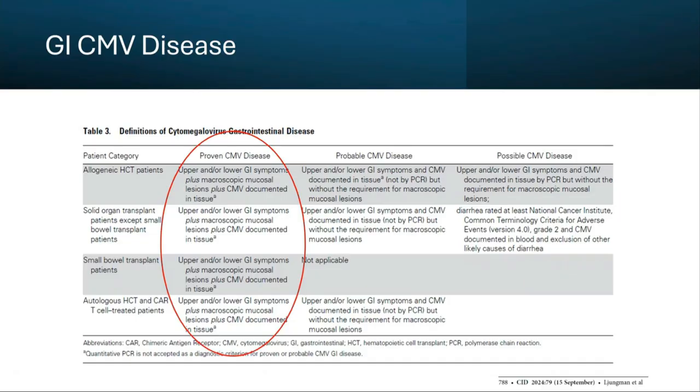And this is just a table with definitions of CMV gastrointestinal disease. For proven CMV disease, you have to have evidence of GI symptoms, plus macroscopic mucosal lesions, plus CMV documented in the tissue.